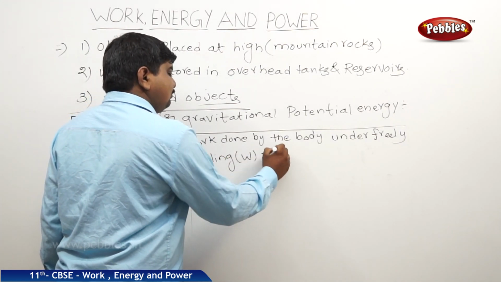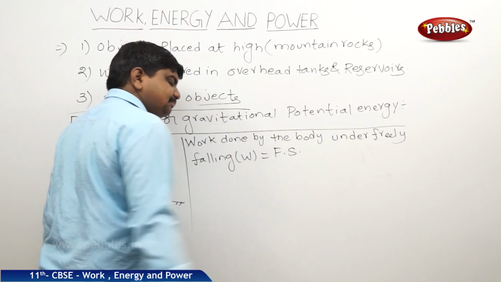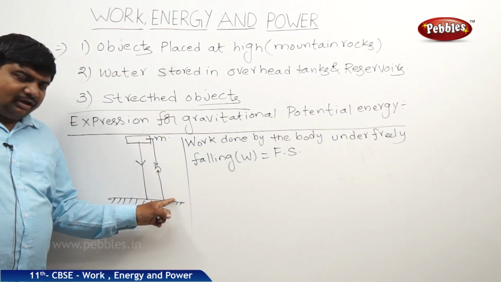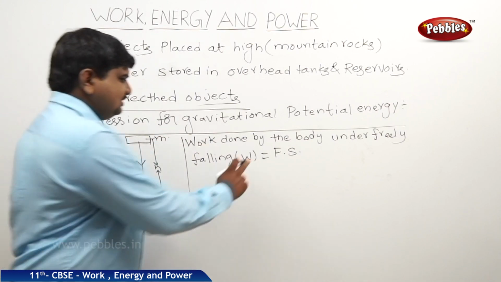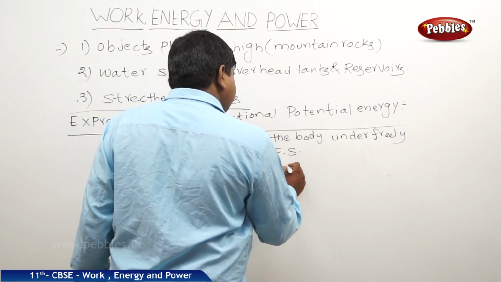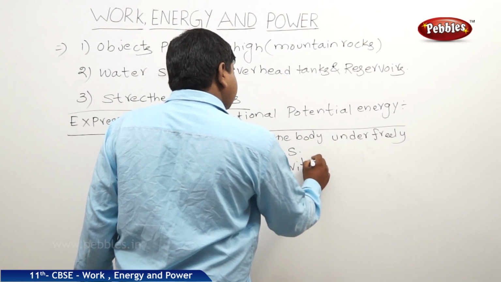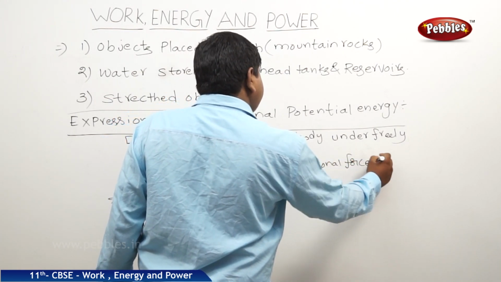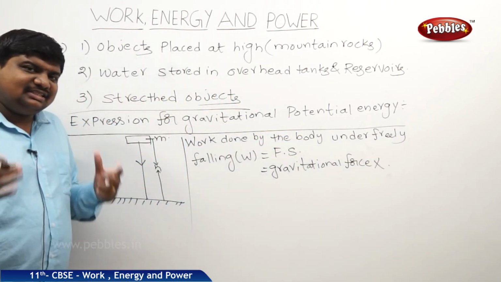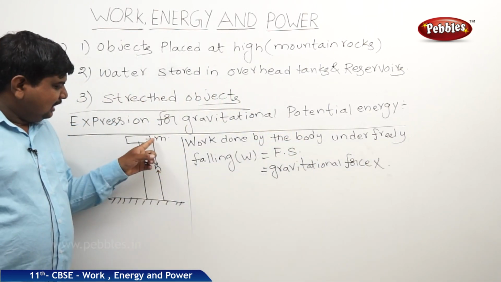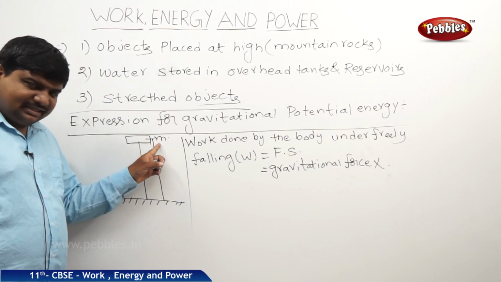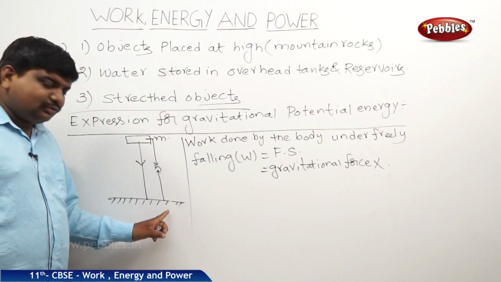The general formula of the work done is F dot S. By which force is the body freely falling? Gravitational force. That means this F will become the gravitational force, multiplied by how much distance it is traveling. It should cross all the height. It is already at the height of h. It should cross all this distance to reach the earth.